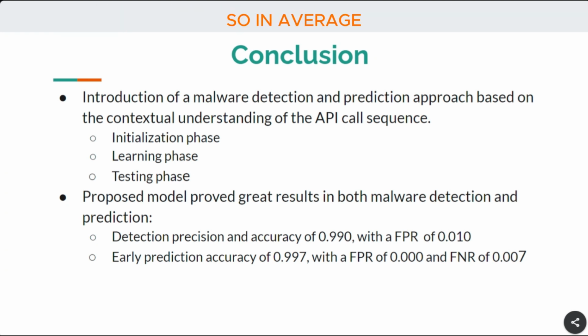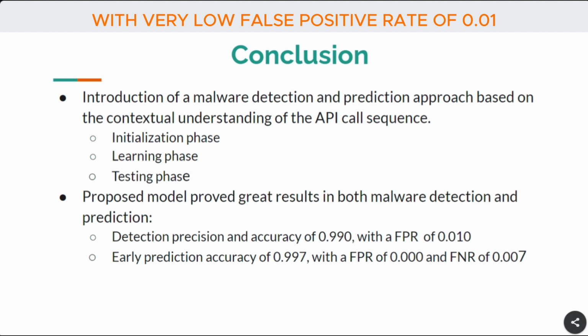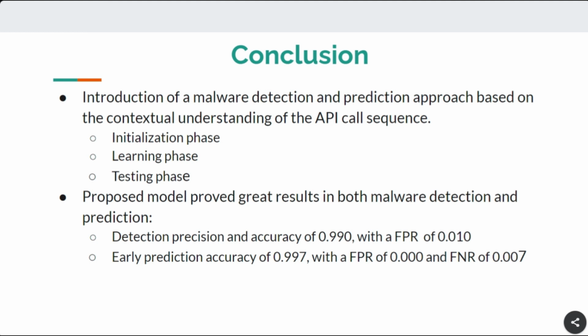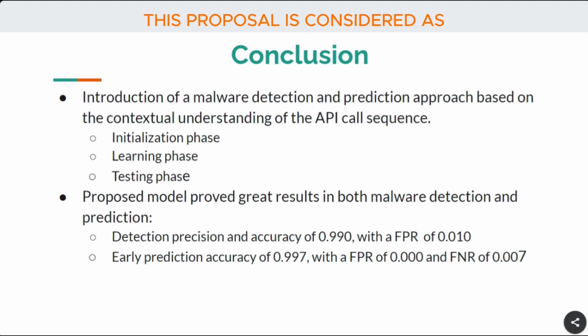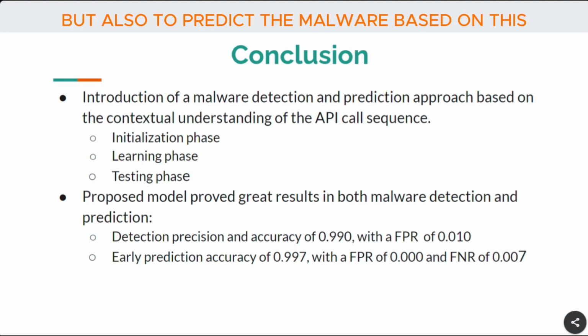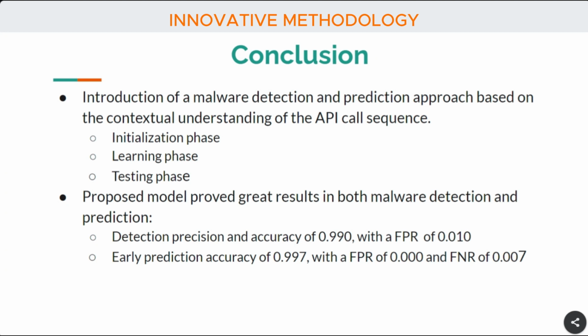On average, the detection rate is 0.99 with a very low false positive rate of 0.01. It also shows a prediction accuracy of 0.997 with zero false positive rate and a very low false negative rate of 0.007 as well. So in summary, this proposed work is considered a very promising approach, not only to detect, but also to predict malware based on this innovative methodology.